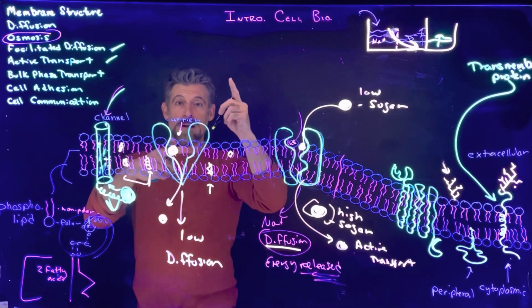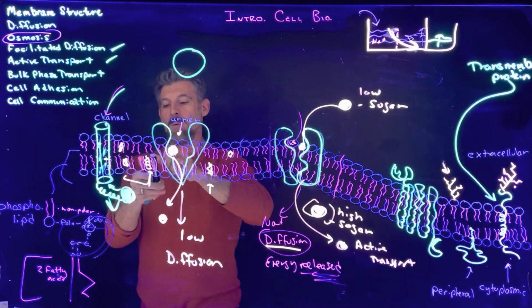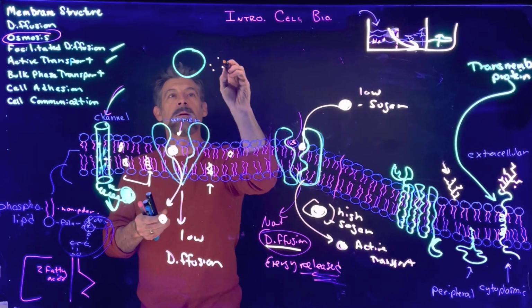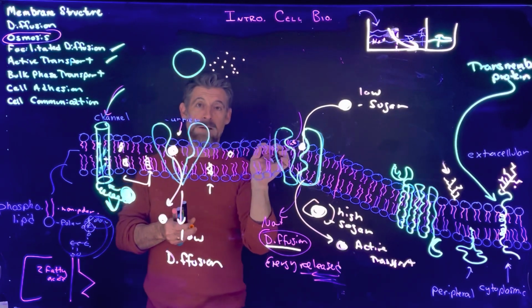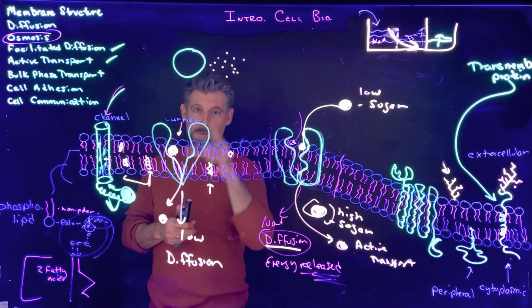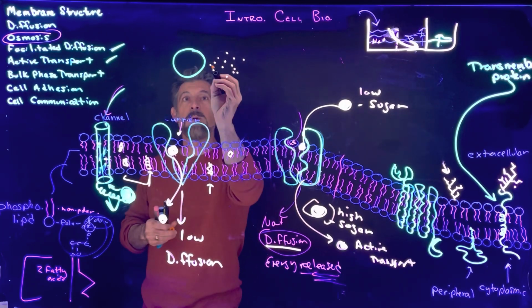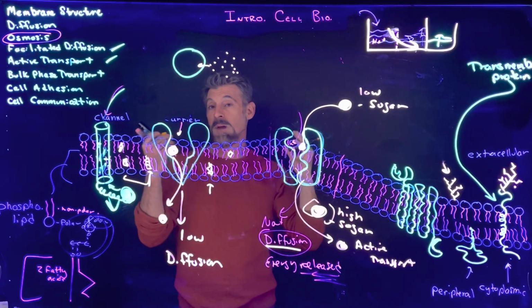So it could be either direction. Let's say this cell here wants to bring in all these molecules. They're all the exact same molecule, and it needs a lot of them. So it can transport 1, 2, 3, 4, 5, 6, and keep transporting them into the cell across the membrane with one of these types of proteins.